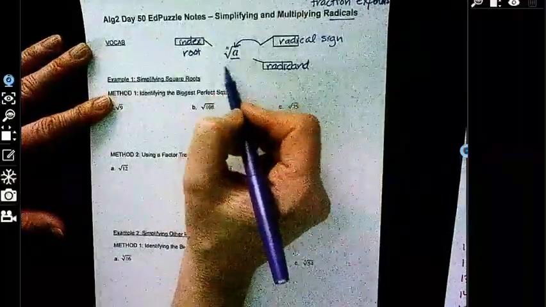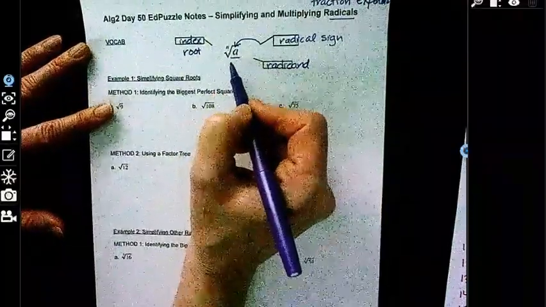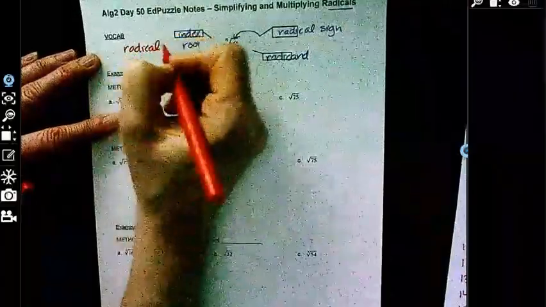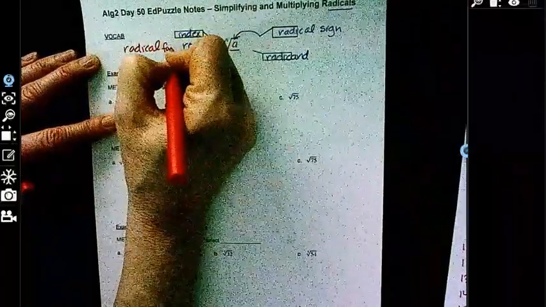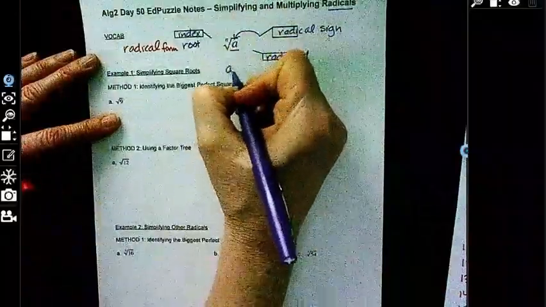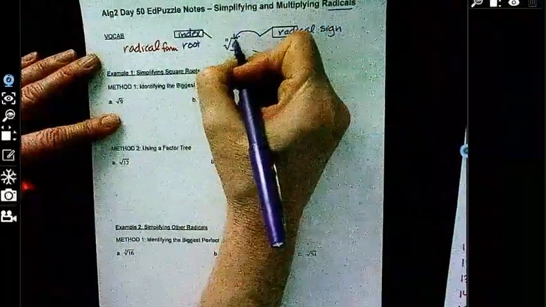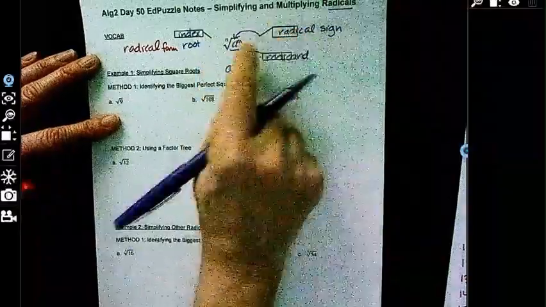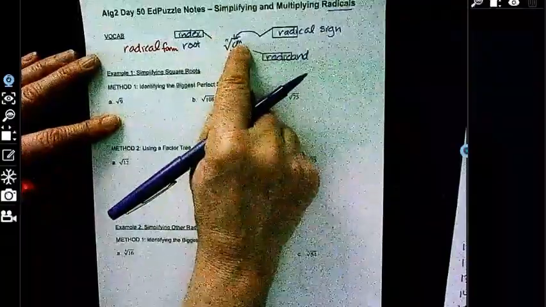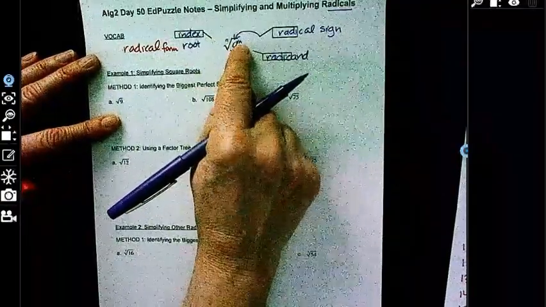Now this is called radical form. But we can write this as a raised to its power underneath the radical. If there's no number there, it's a 1.